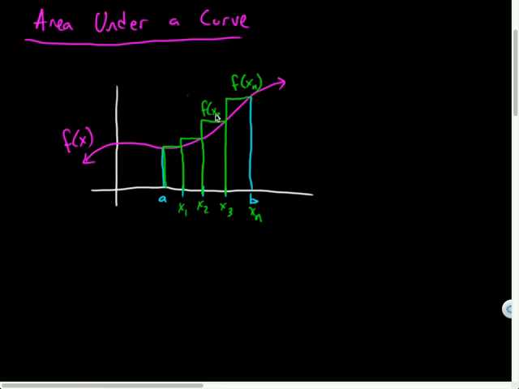Then x sub 2 is this height, so that bar is f of x sub 2. And this bar is x sub 1 high, so f of x sub 1. And if I added up all of the areas of these rectangles, I would have an approximation of the area under that curve.